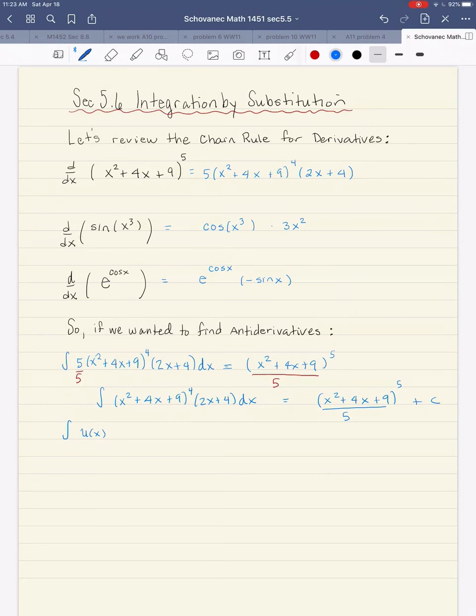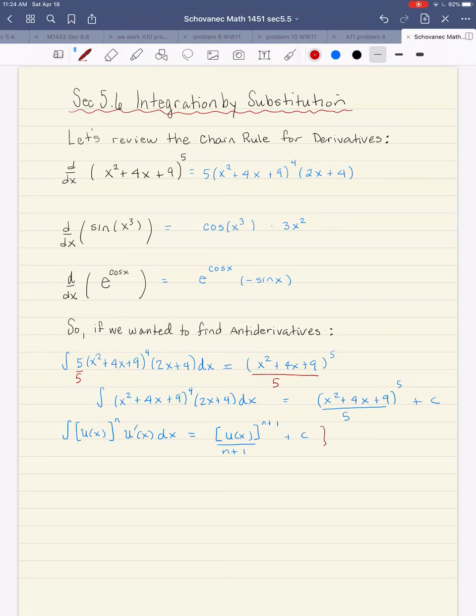If we want to integrate something that looks like a function of x to a power, where the derivative of that function is next to the dx, you do it by adding 1 to the power and then divide by the new power.